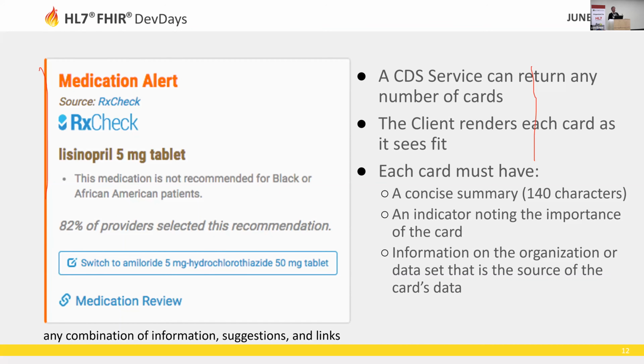The client renders each card. So that's important. The client has control over what that rendering looks like. Each card has a concise summary, an indicator noting the importance, and information on the organization or the data set that's the source of the card's data. And it can be any combination of information, suggestions, and links.